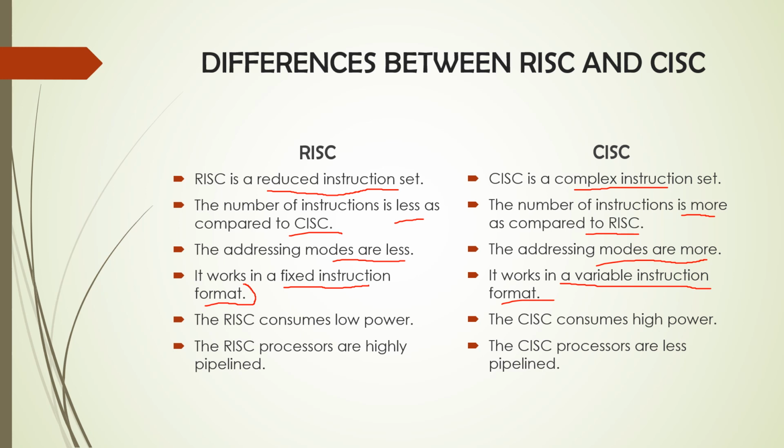Hence, the instruction format varies for each and every instruction given. RISC consumes less power for its operation, whereas CISC consumes high power. The power consumption is high in CISC to complete its clock cycle or an operation.